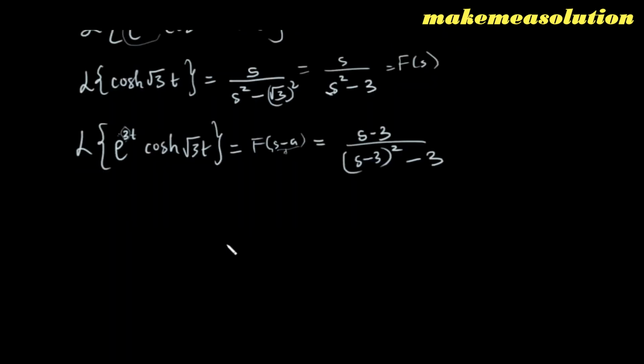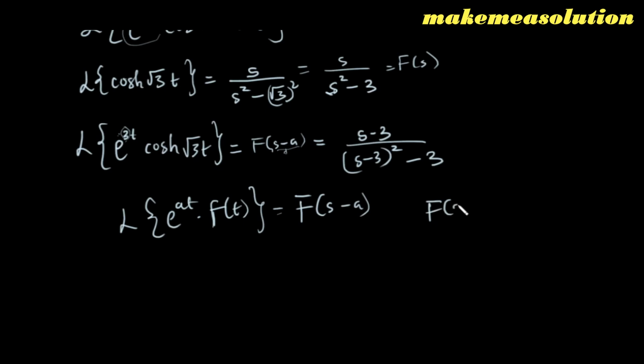Everything is gotten from e to the power of at times f of t, which gives you f of s minus a, where f of s forms a Laplace transform pair with f of t. Are we together? So this is the shift theory.